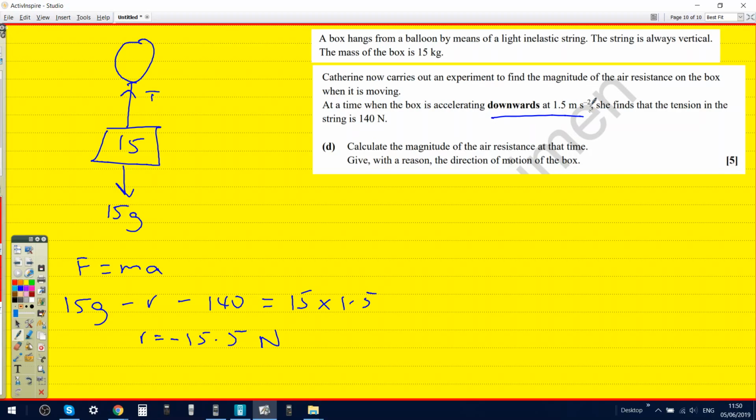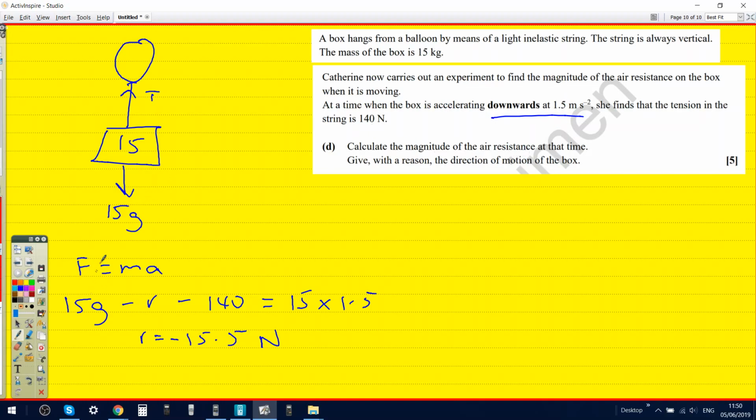Hang on, so we might have muddled this up a little bit. Could we try doing it the other way, by saying that tension is positive and our air resistance is acting upwards?